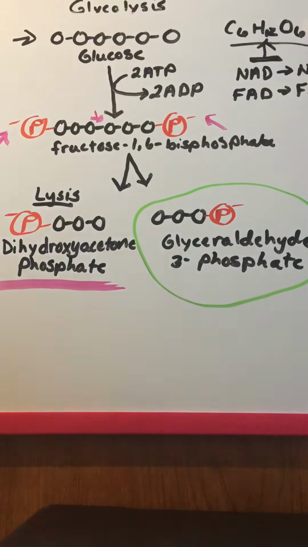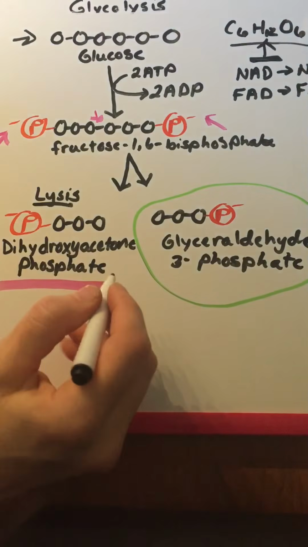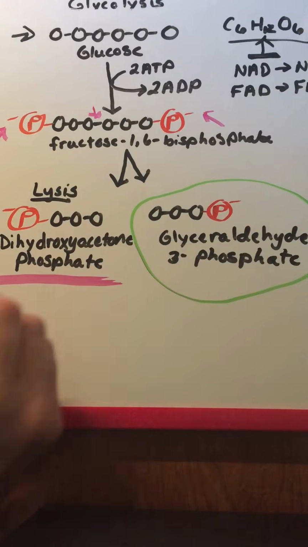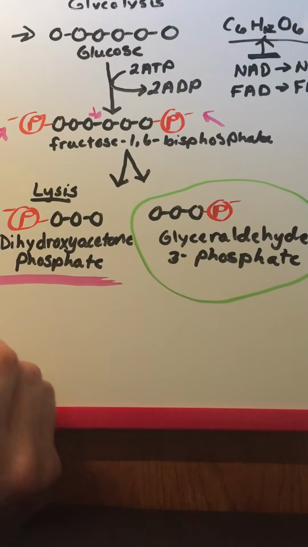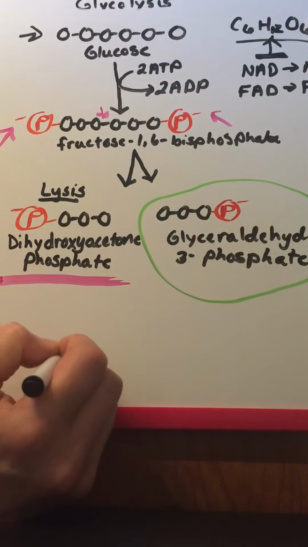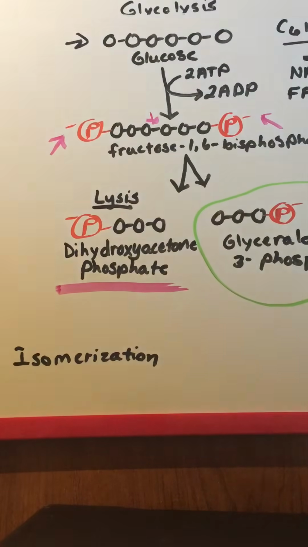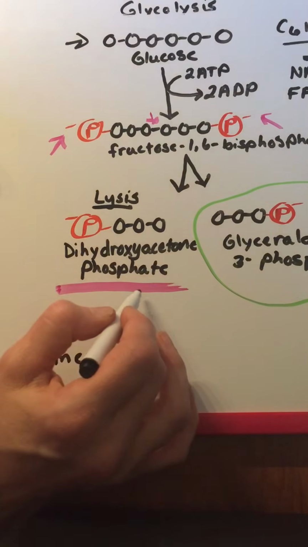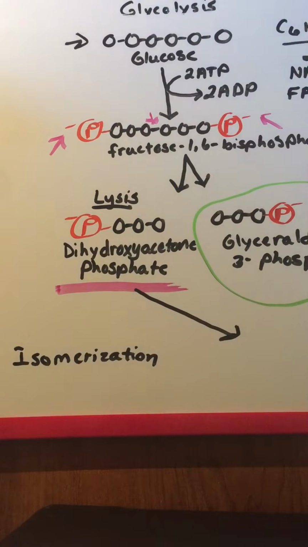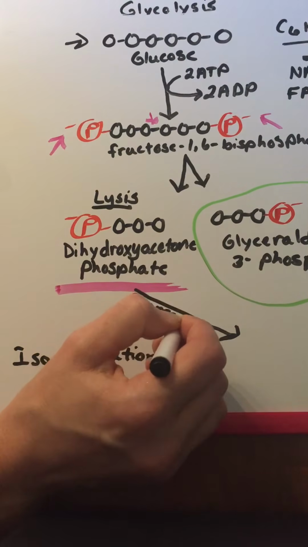So what the cell does is it has an enzyme that in a separate step converts, it actually is what we call an isomerization reaction. So isomerization. And what the enzyme is going to do is it's going to convert this dihydroxyacetone phosphate simply by rearranging the atoms.